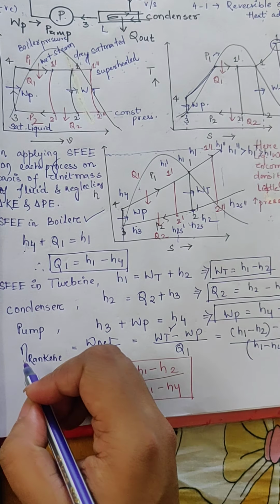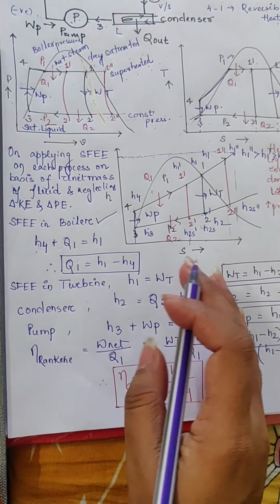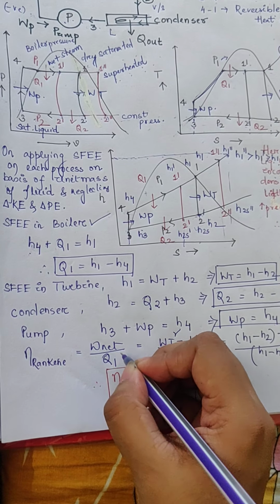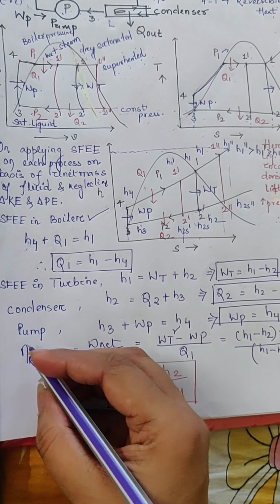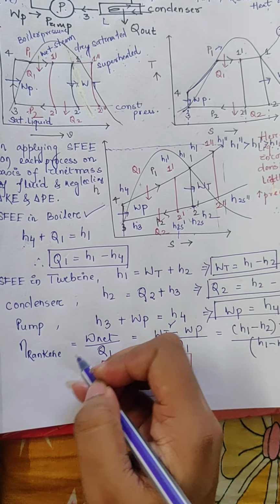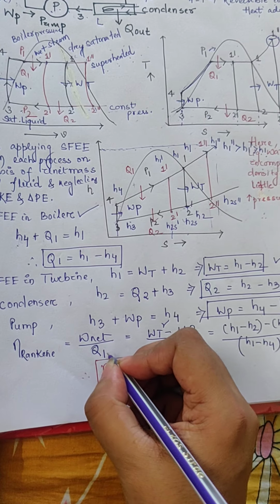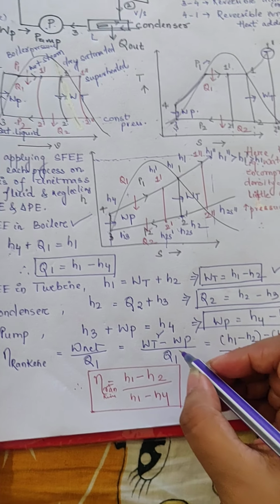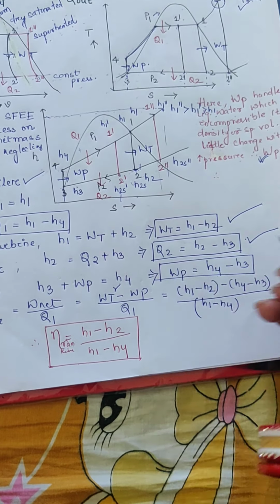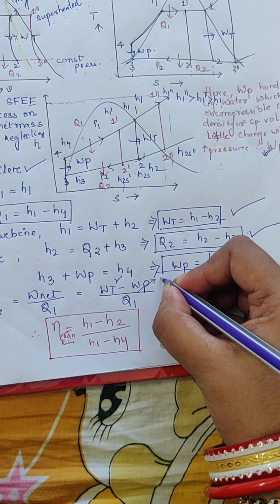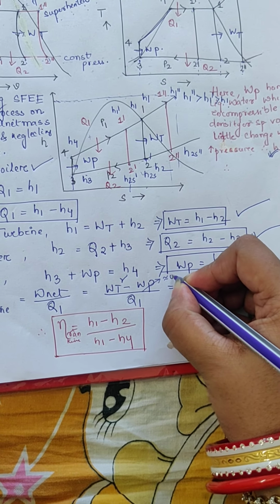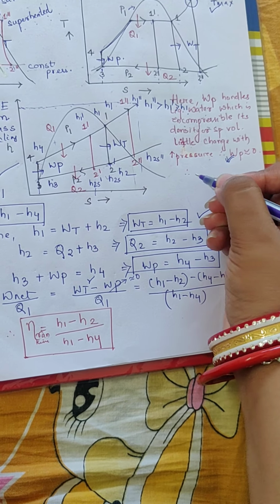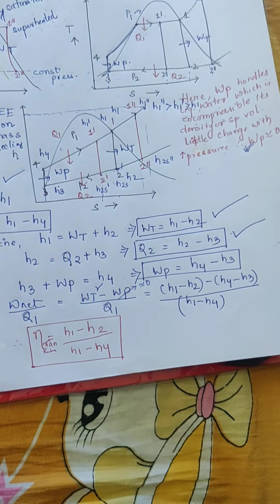Now you already know the efficiency of any cycle: net work done by the heat supply. So the efficiency of the Rankine cycle is W net by Q1, which is equal to WT minus WP by Q1. Here WP should be considered negligible, equal to 0, because I have already discussed why the pumping work is considered small or negligible.